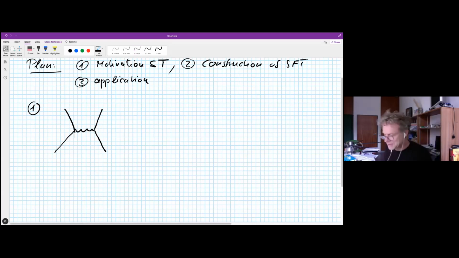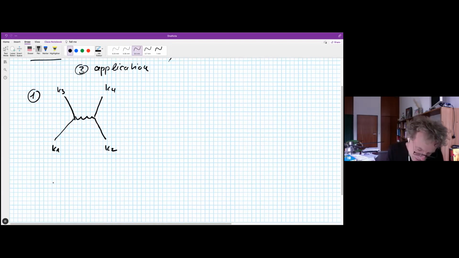They're not charged, but they would nevertheless interact through gravity. So let's put some momenta, K1, K2, K3, K4. And then we could compute just the perturbative amplitude. Now Newton's coupling will be involved, of course, and what we'll find is that this amplitude is proportional to G Newton, of course.